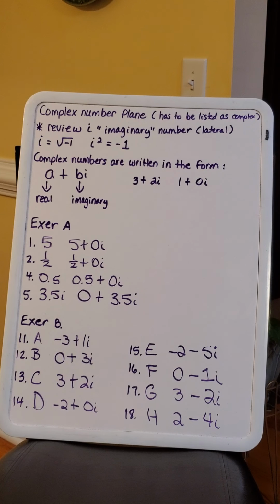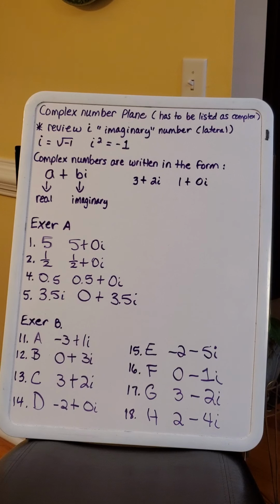On the worksheet, they're going to give you the label for the point, and you have to write the coordinates. It just depends on if it's negative or positive, and be sure to include the i for the imaginary number.